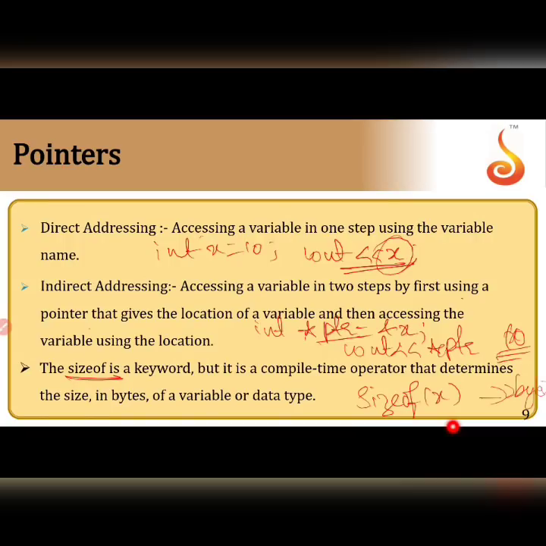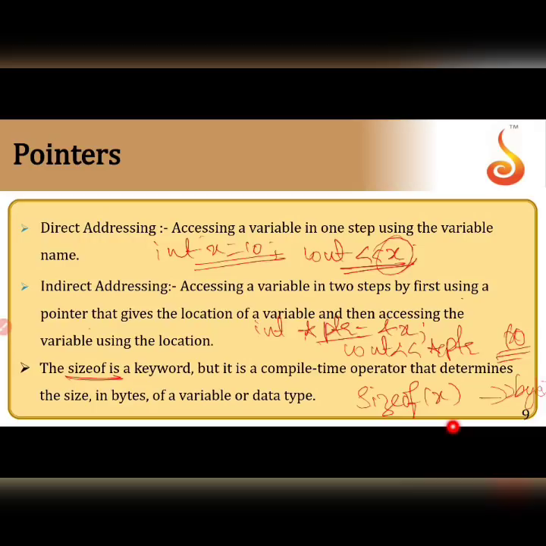Why is it so? Because x is an integer, and an integer requires 2 bytes of memory. So, size of x would give me 2 bytes. Size of gives you the number of bytes required for that variable or a data type. I can also say size of int will give me 2 bytes.